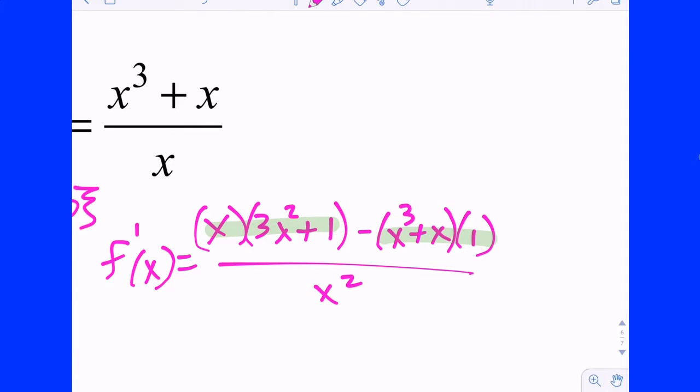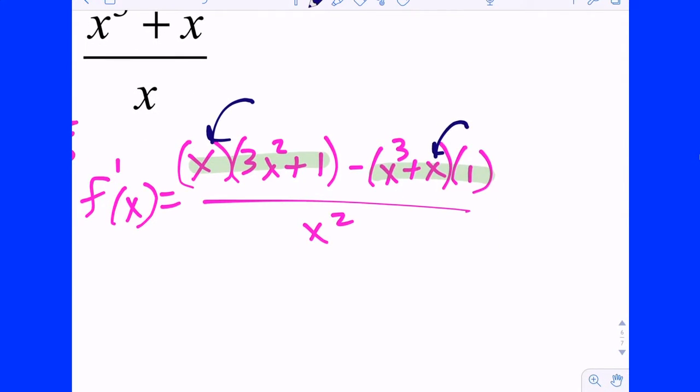Is there anything common that we could factor out? There is an x, right? There's a hidden x. So let's try that together. There's an x there, and there's a hidden x in these two terms, right? So let's go ahead and do that. You could just expand it all out. In this case, it wouldn't be too bad to completely expand it all out because it's not going to be that ugly or cumbersome. But it's just a method of efficiency.